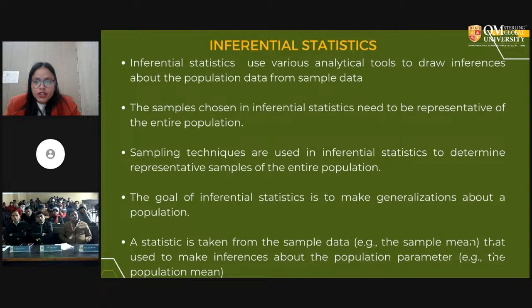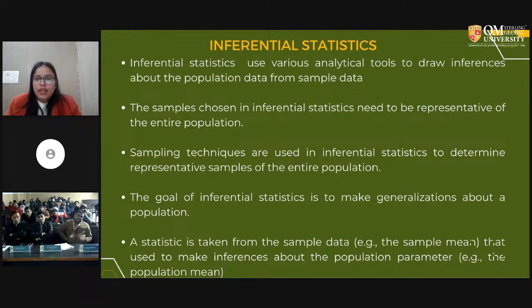Because we cannot study the whole population, we have to take a sample out of the population and then draw inferences about the results. The sample chosen in inferential statistics has to be representative of the entire population. There are a number of statistical techniques available in research through which you can select a sample that will be the best representative of your entire population.